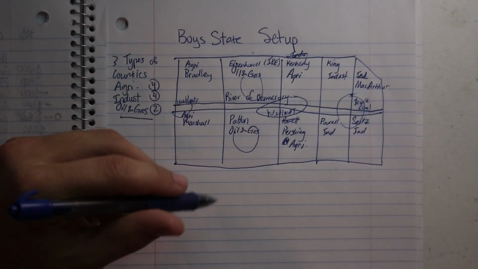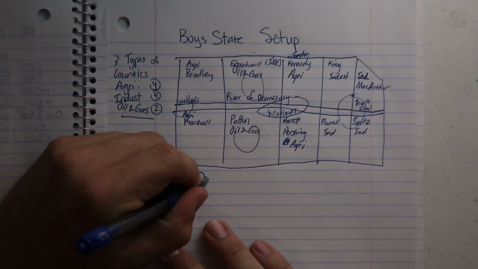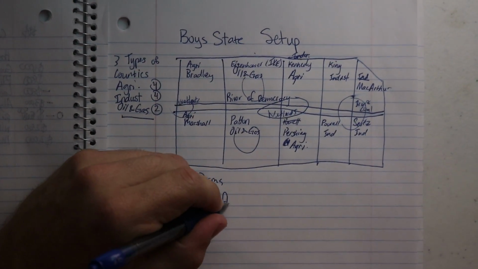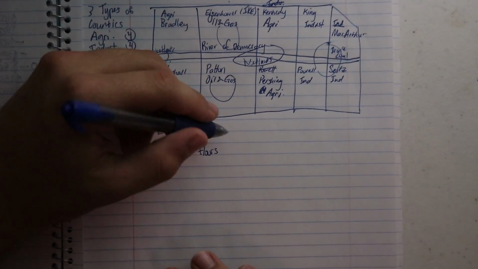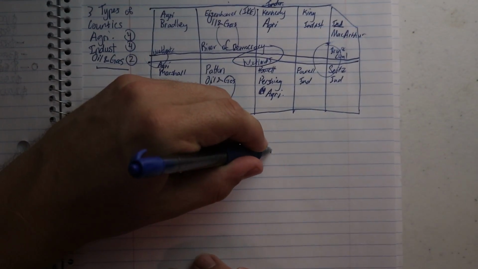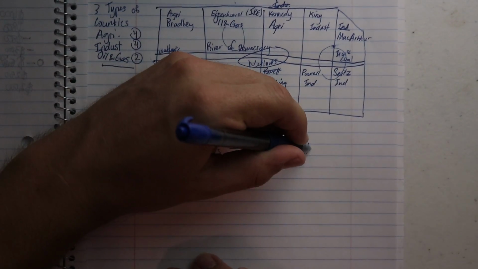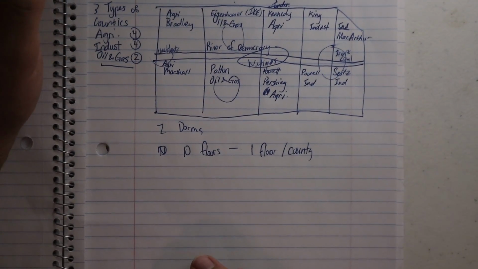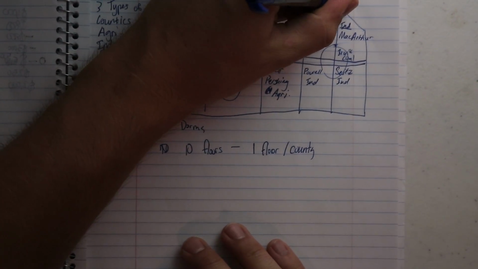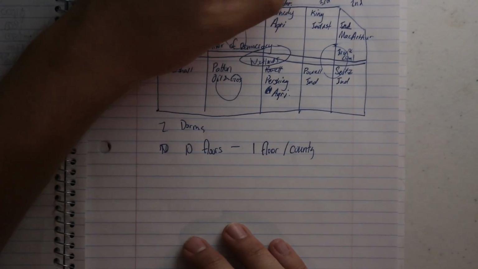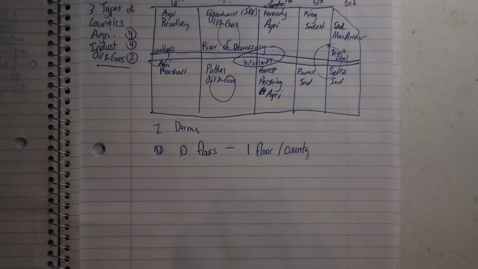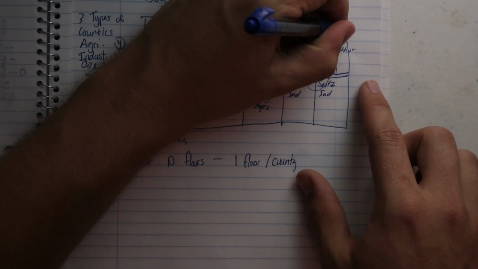In real life, it was interesting because there were 2 dorms, 10 floors each, and so 1 floor per county. If I think about it, MacArthur was on the 2nd floor, and Bradley was on top, I know, of Goodnow.